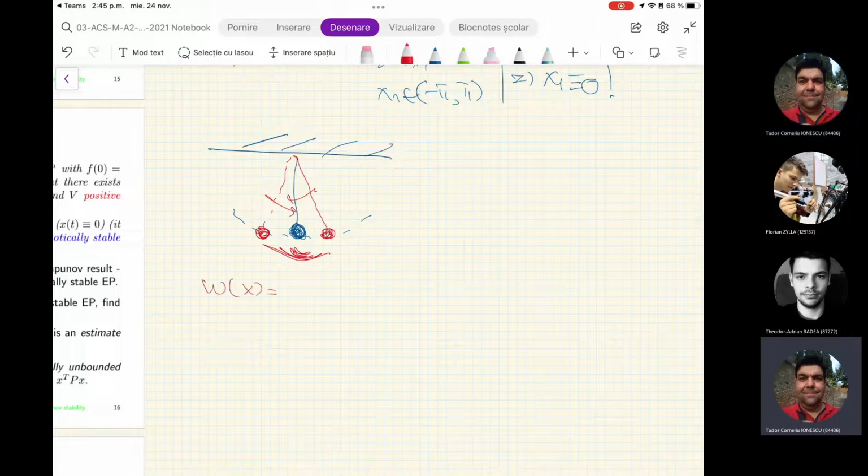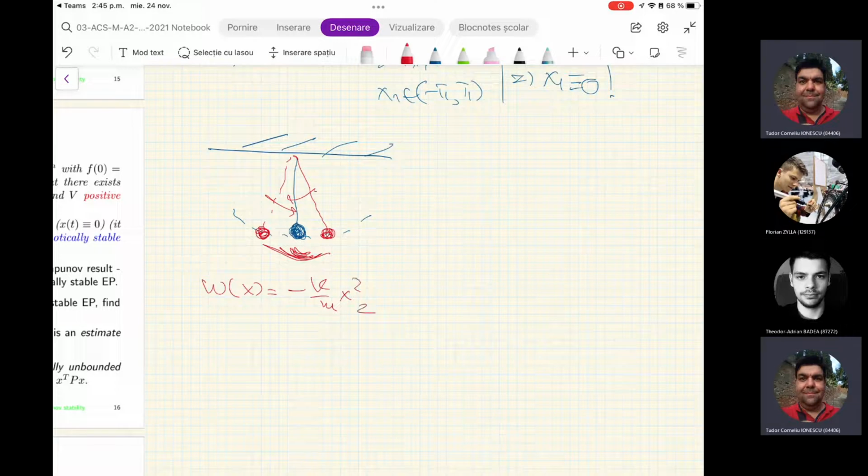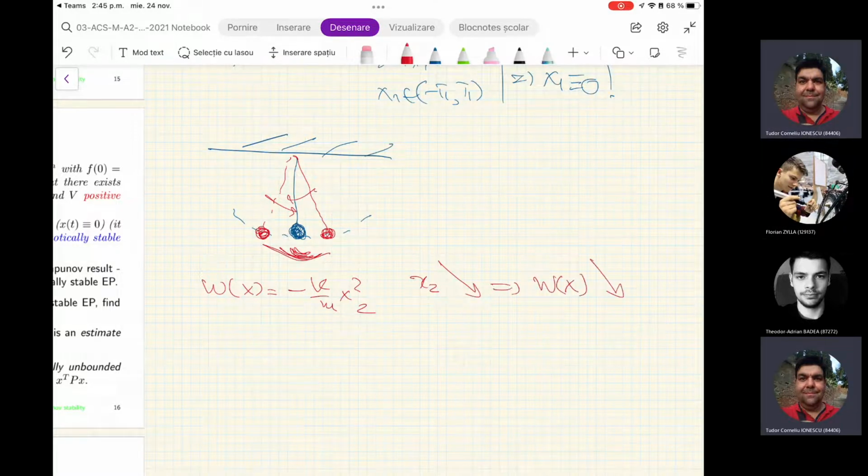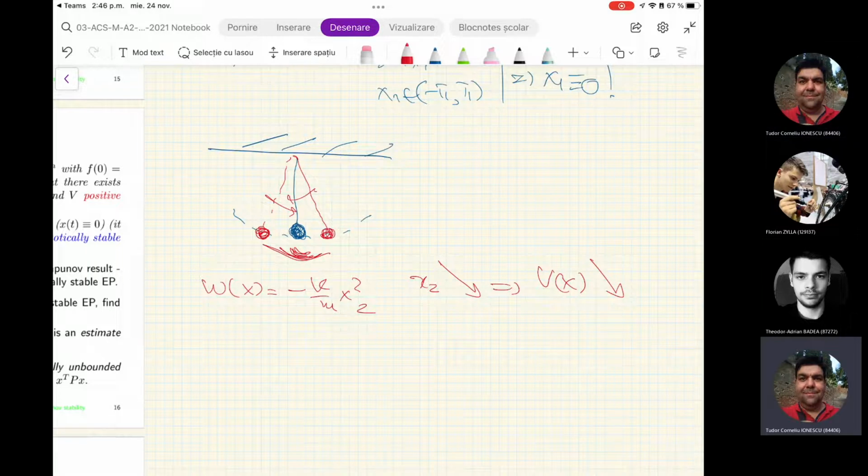W of x is minus k over m x2 squared, okay? So x2 decreases, that means W of x decreases. So the energy, V of x, is decreasing. The energy is decreasing, okay?